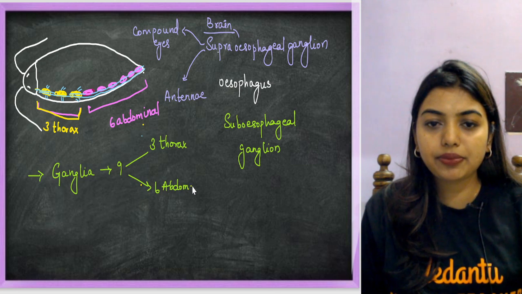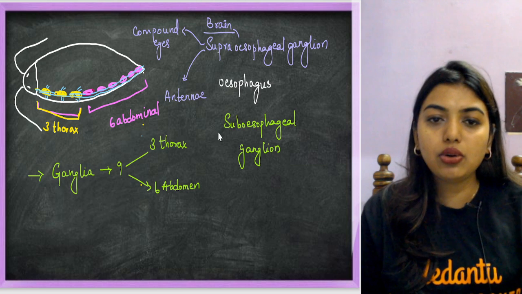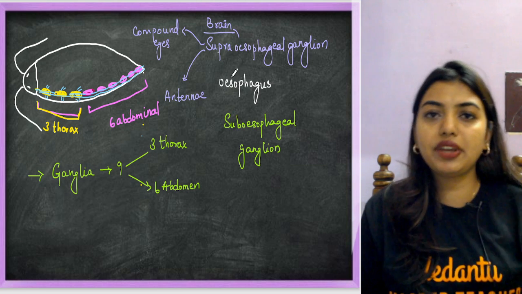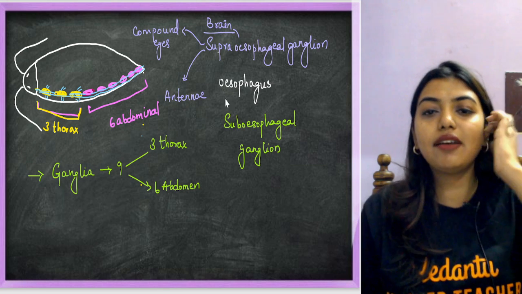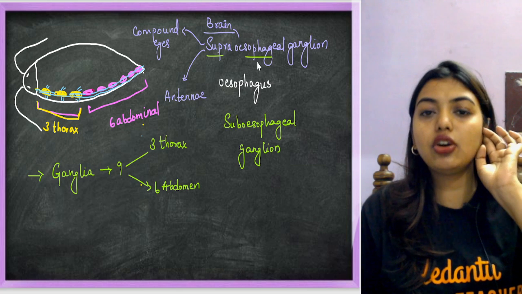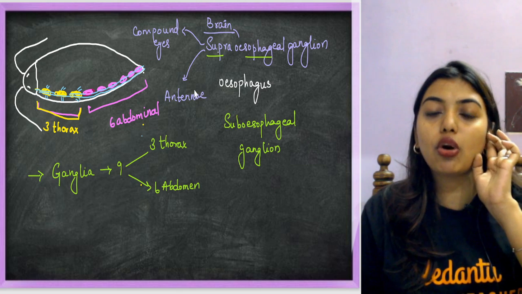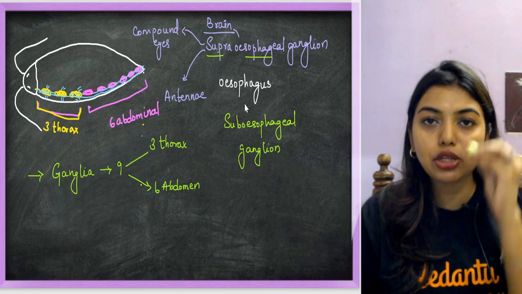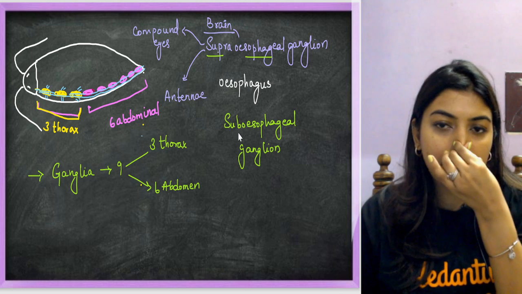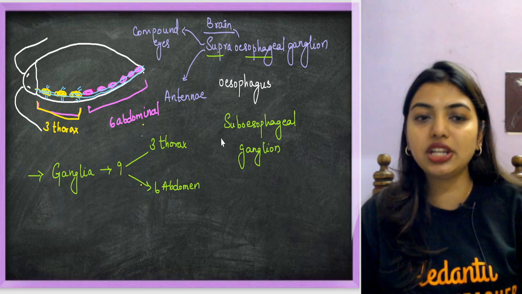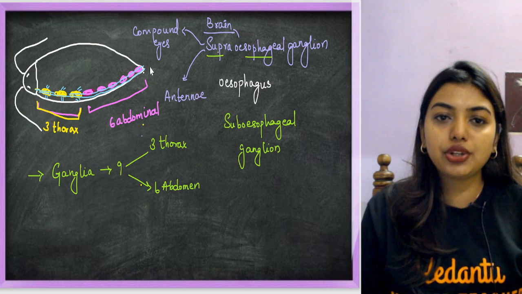Now above the esophagus, on the brain head region, they have the supraesophageal ganglion, which will supply nerves to the compound eyes and the antenna. And below the esophagus, there is going to be a ganglion called the subesophageal ganglion. Got it? Now here you can see 3 thorax.